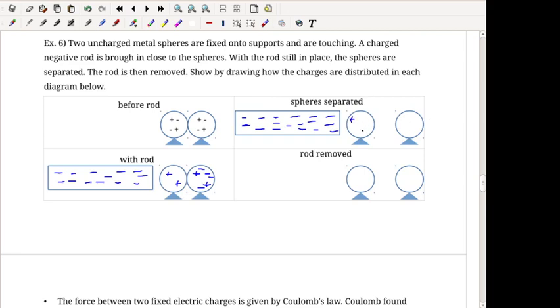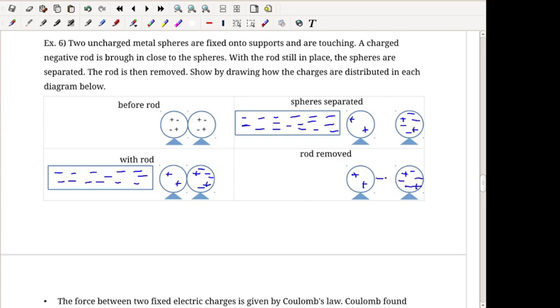So this sphere keeps its positive charges, and this sphere has the negative charges that are going to evenly distribute themselves now because they also repel each other. So this one keeps the negative charges, and that's how we end our scenario, with this one now having extra negative charges and this one having extra positive charges.